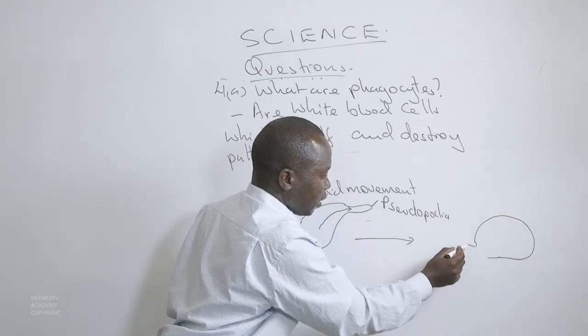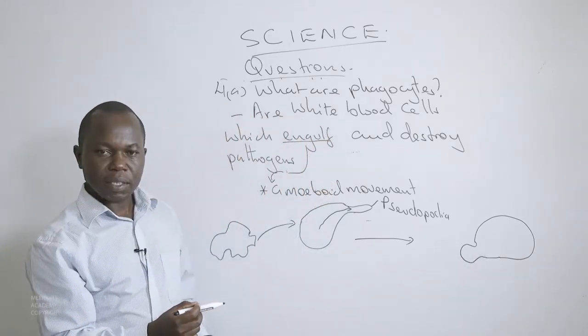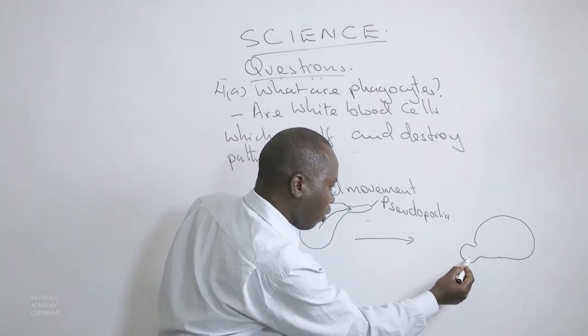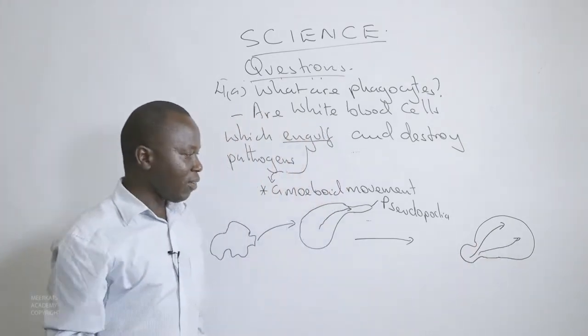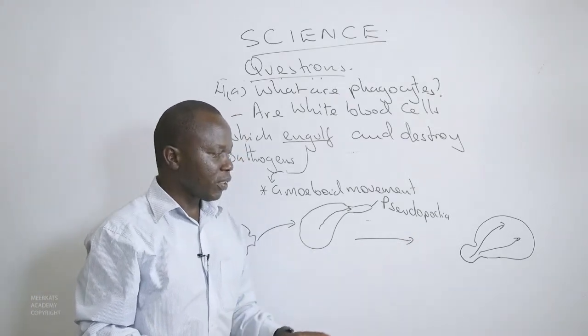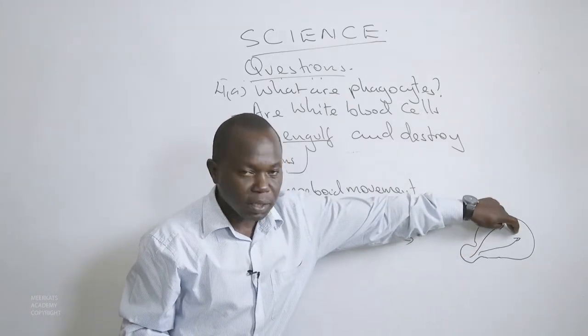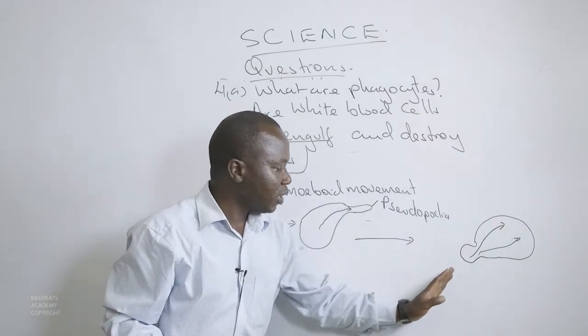But as it increases in size, the rest of the body reduces in size, which means all the cytoplasm that was in that direction will have moved. If all of the cytoplasm flows in that direction, the cell will have changed position.